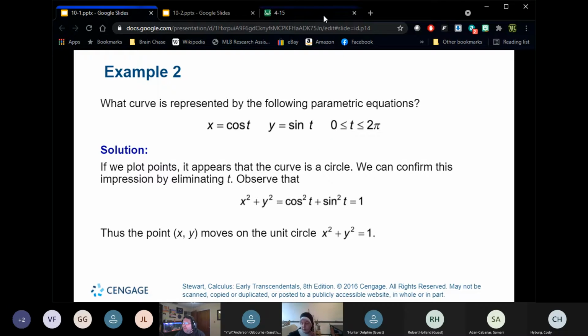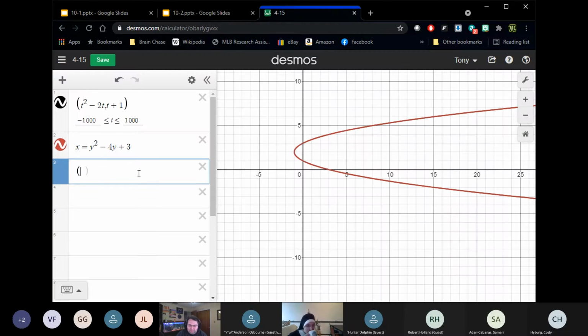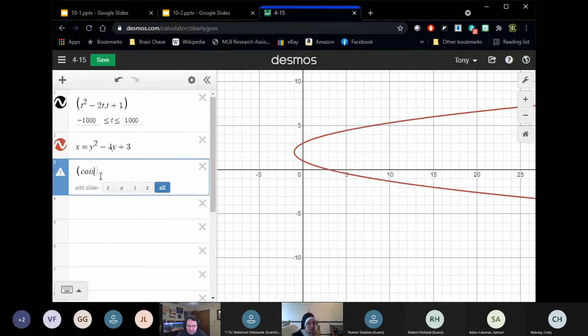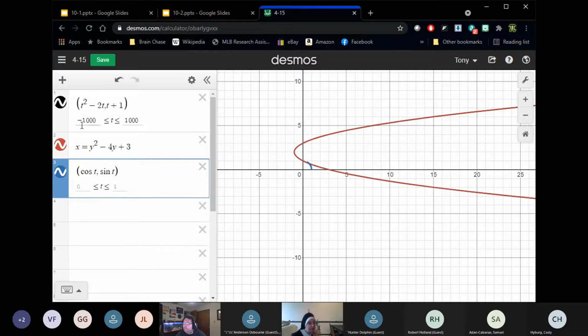Now, if we plotted these points, we have cosine t and then sine t, going from 0 to 2 pi.